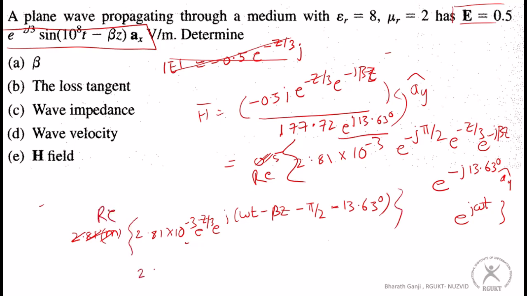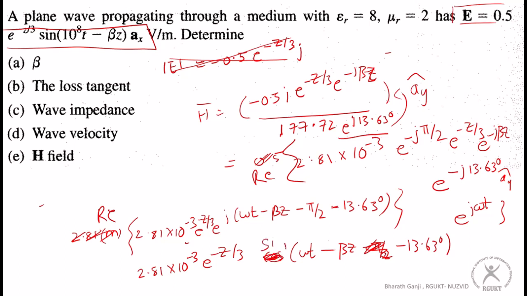So you get 2.81 × 10^-3 e^(-z/3) cos(ωt - βz - π/2 - 13.63°). Cosine of something minus π/2 simply becomes sine.